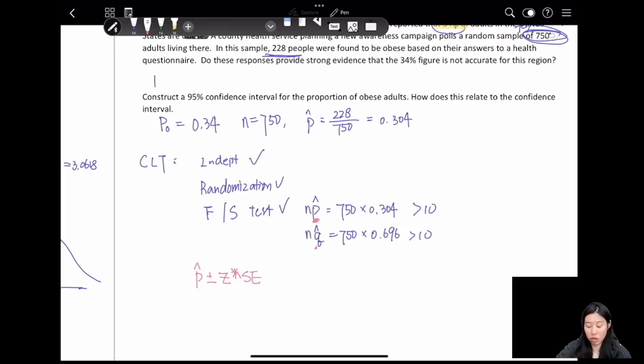Standard error is basically the standard deviation of the sampling distribution of proportion, which is the square root of p hat q hat divided by n. This is standard error. So we have 0.304 times 0.696 divided by 750.